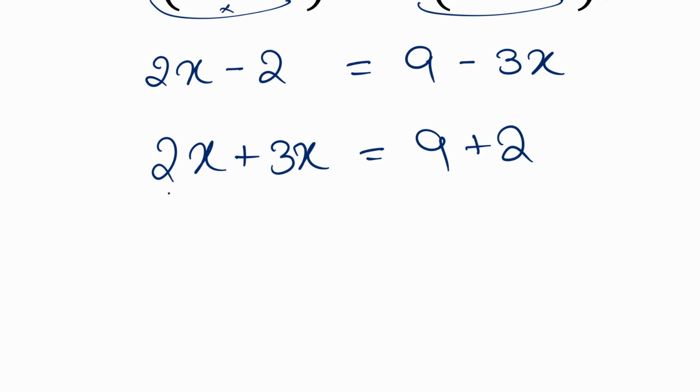So my left hand side is 2x plus 3x, 2 plus 3, that is 5x, equal 9 plus 2, 11, and x equal 11 over 5.